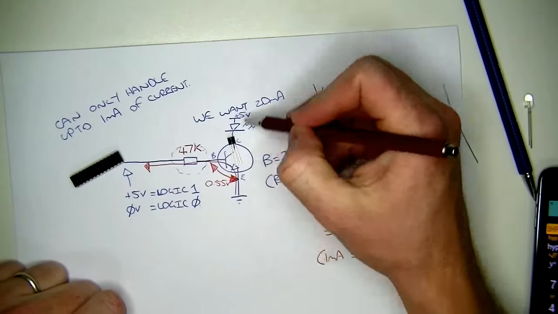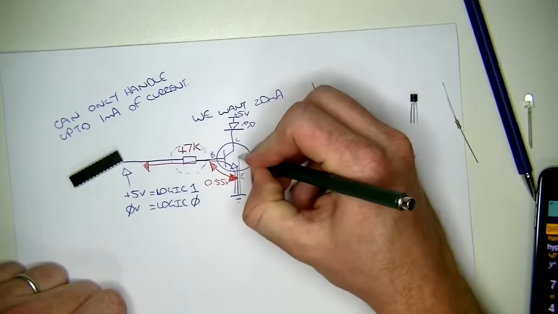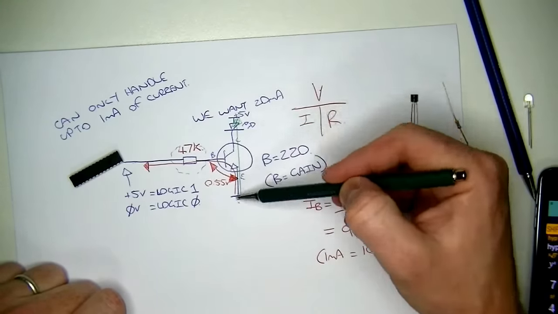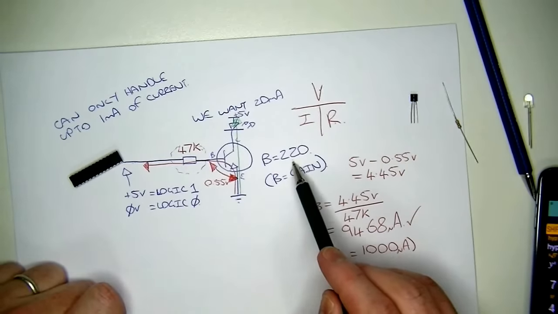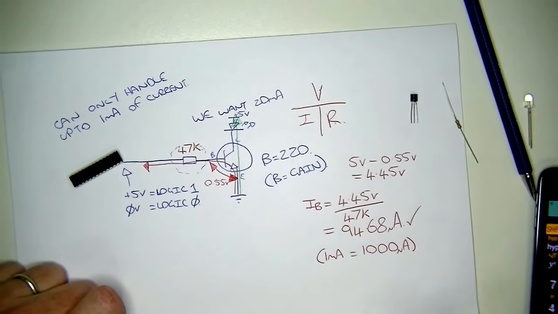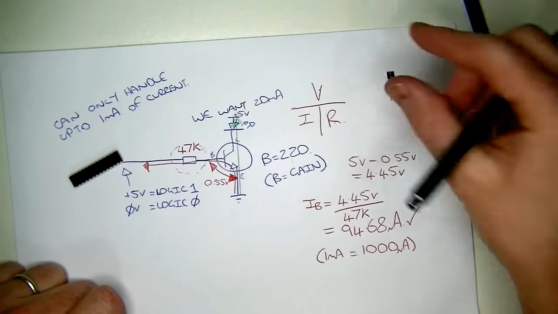But how much current does that give us through the collector? Well, as I was saying before, to figure out this collector current and therefore the current through the LED, we just need to multiply it by the gain of the transistor. To get that gain, you just have to look up the data sheet for your particular BJT transistor.